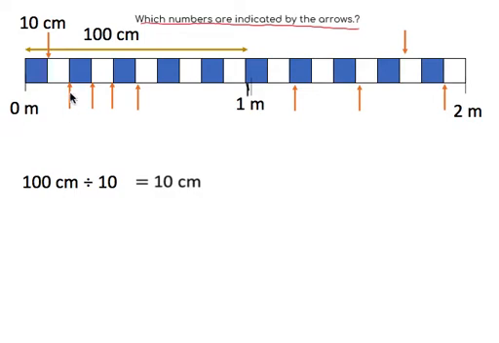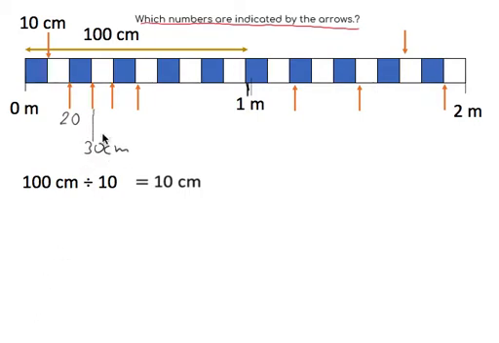Right, so that's our 10 centimeters, and if we're counting in tens, the next 10 will be 20, so I'd put 20 centimeters there, and then the next one will be 30. You just count in tens.